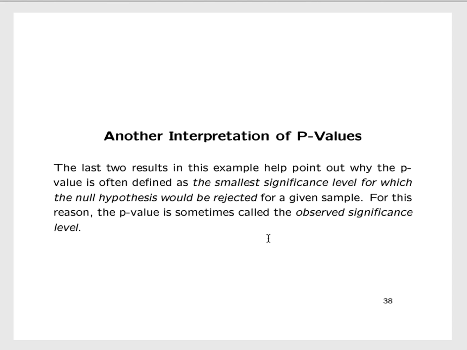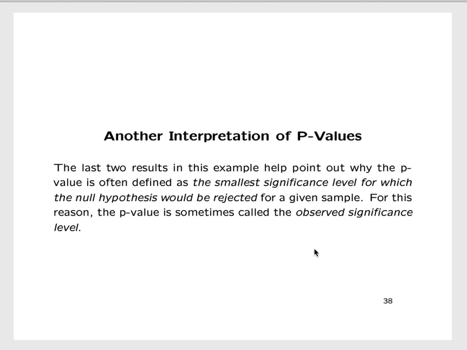So you will see some textbooks and perhaps even some articles, instead of referring to the p-value, call it the observed significance level. And that, I suppose, is fine, because calling it the observed significance level does, in a way, differentiate it from just the significance level, which is alpha.